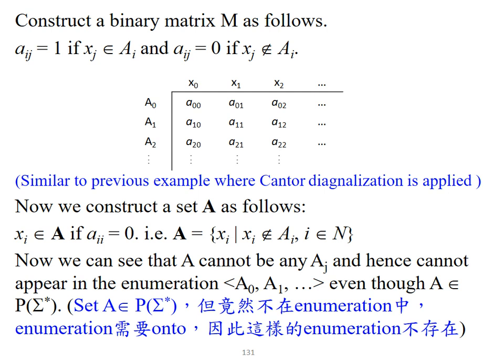This is the first subset of the enumeration, then we have a0, a1, a2, and we check whether the elements x0, x1, x2 are in this subset, and then we give binary numbers 1 or 0 to the entries.